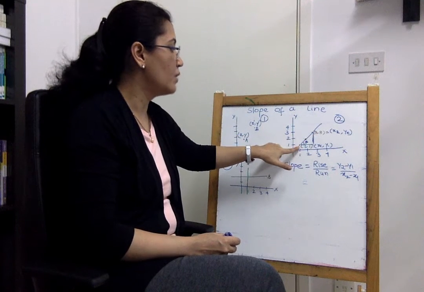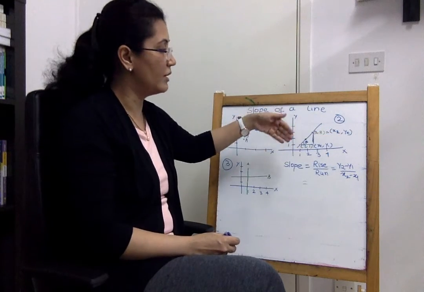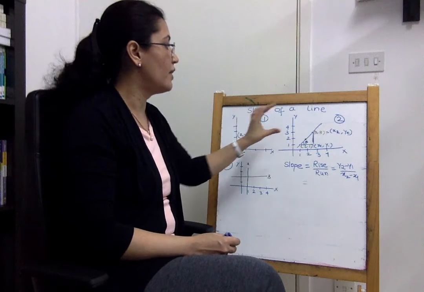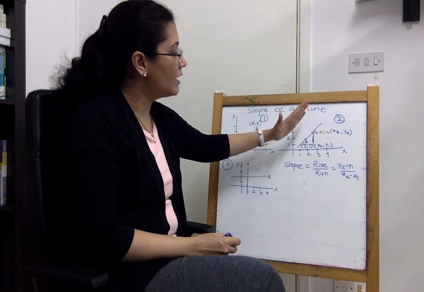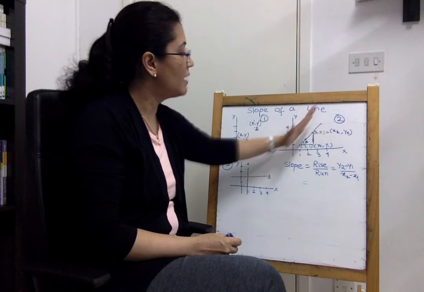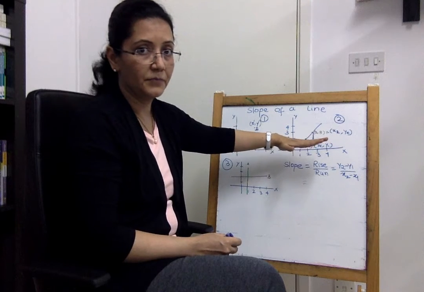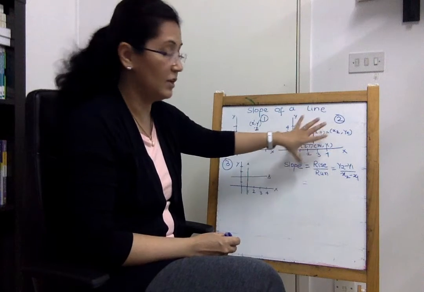I'm naming the (1, 1) coordinate as x1, y1, and the second coordinate, (3, 3), as x2, y2. My aim is to find the slope of this line, which means I'm trying to find the angle made by this line with respect to the x-axis. Where do you use this concept? We are going to learn it after I'm done with this concept.